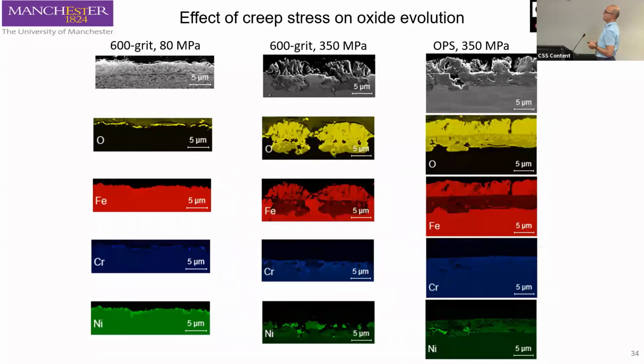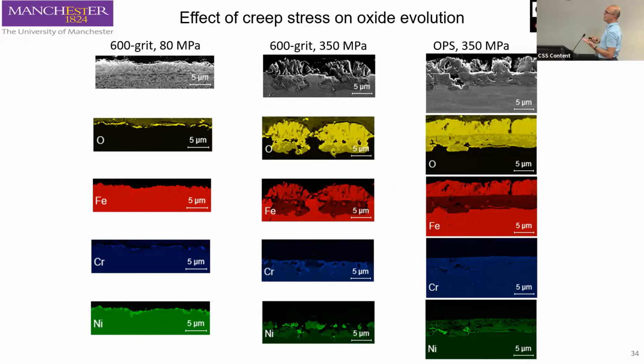And so what we wanted to understand was why there is such a difference in hardness between the 600 and the OPS, despite the oxides being broadly similar. You can see that in both cases, when the material is subjected to 350 megapascal, you have an outer magnetite layer and an inner spinel layer.